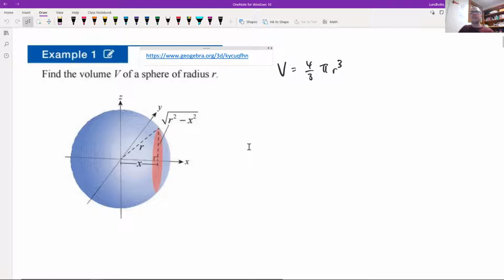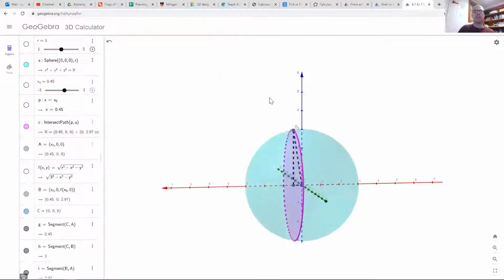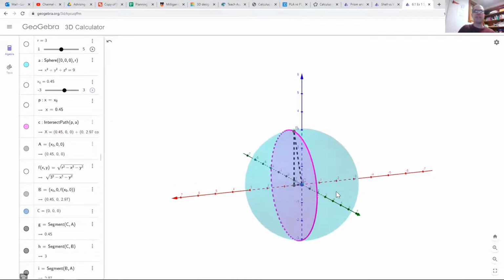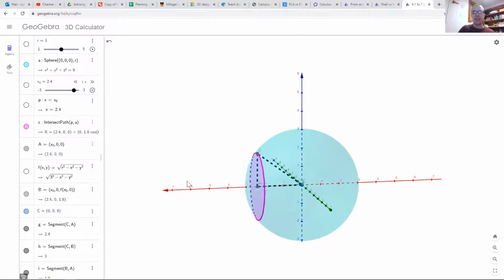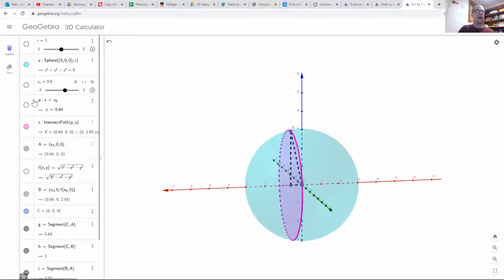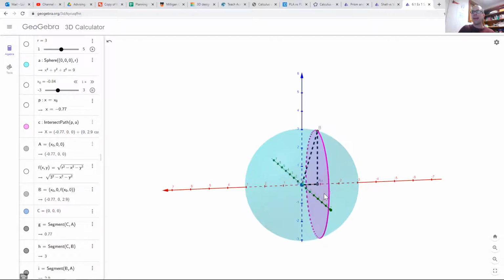We don't have to do this integral. We're going to do it. It's going to be beautiful. So we know the answer that we're hoping to get in the end. We're going to do it using an integral. And real quick, just to show you in 3D what this looks like. Right now our radius is 3, but I've got the slider called x0, and x0 is going to vary between -3 and 3.